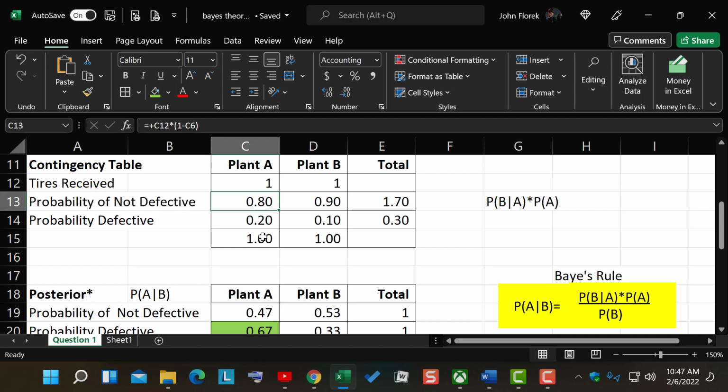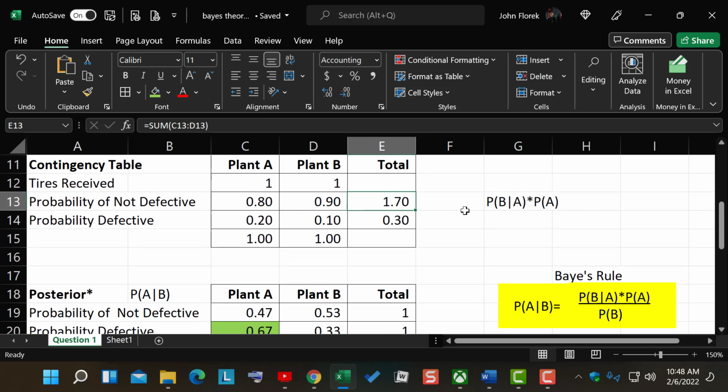And these should total the number of tires. 1 is equal to 1 and 1 is equal to 1. Now, this is the total of not defective, and it is of the 2 tires. Again, it doesn't make sense with tires, but 1.7 of the 2 tires are not defective.